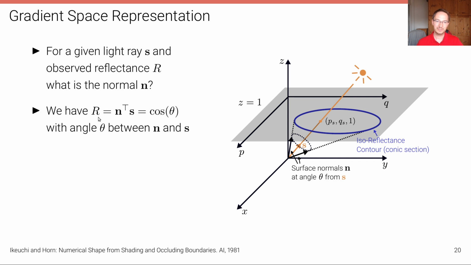What we have here is the expression for the reflectance R, which is the normal transpose times S, which is equivalent, because these two are unit vectors, to the cosine of the enclosing angle theta, where theta is the angle between N and S.